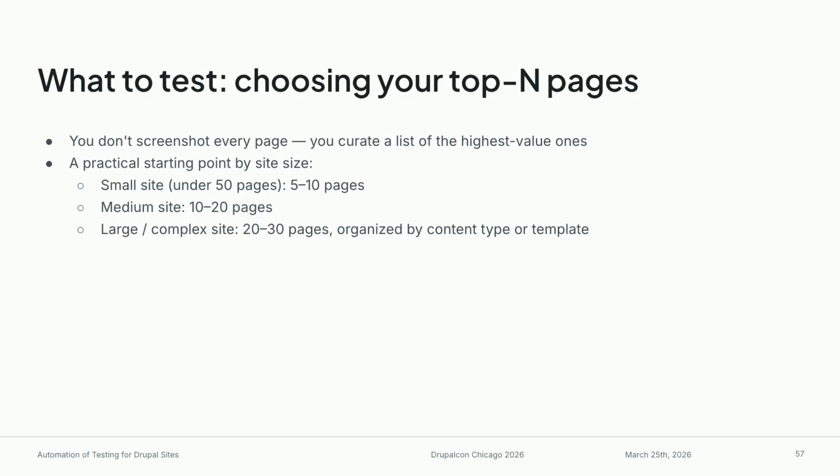This is going to depend on the size of your site. So remember, you're creating a set of pages that cover your site's visual surface area. If you have a small website, maybe 5 to 10 pages is enough. You choose the most important ones, and that's good. If it's a mid-size site, 10 to 20 pages might be enough. A large or complex website, 20 to 30 pages will be fine.